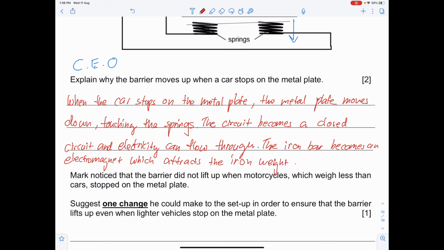So where are the key ideas? The key ideas are here. First thing, the plate moves down. Second point, it becomes a closed circuit. Third point, electricity can flow through. And the last one, it becomes an electromagnet which attracts the iron weight.